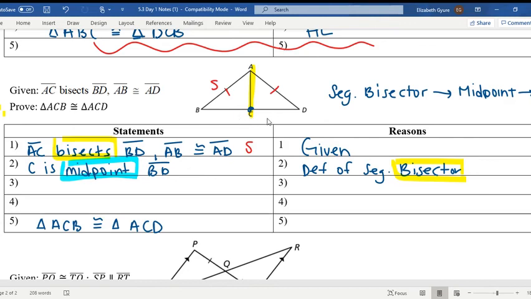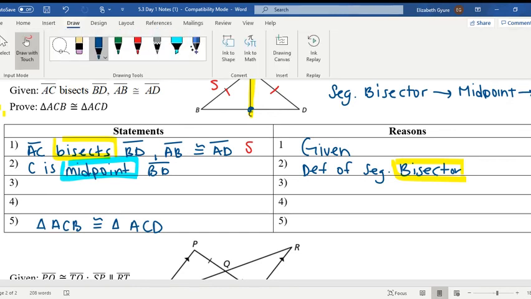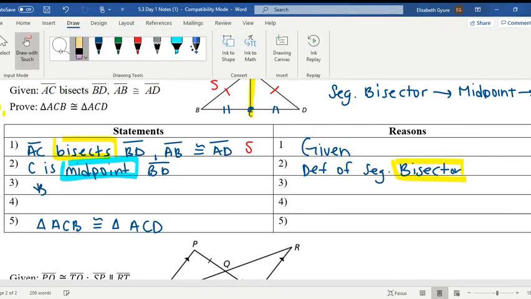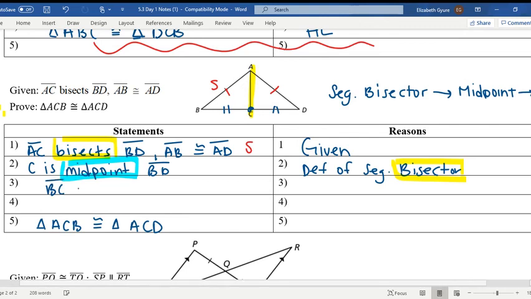What parts are going to be congruent? Very good. If C is a midpoint, then we know that BC is going to be congruent to CD. So we can say that segment BC is going to be congruent to segment DC. And that is the definition of a midpoint.